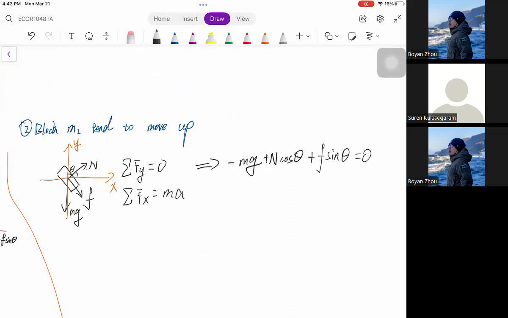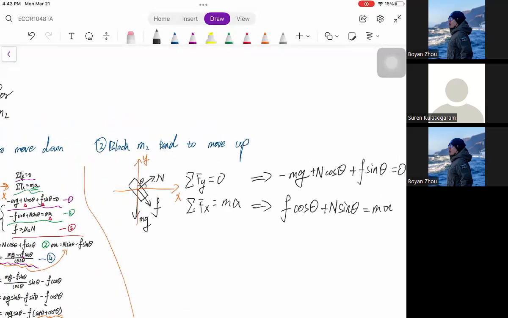That is all the force in the y direction is 0, and all the force in the x direction is equal to ma. So that is f cosine theta plus N sine theta is equal to ma.